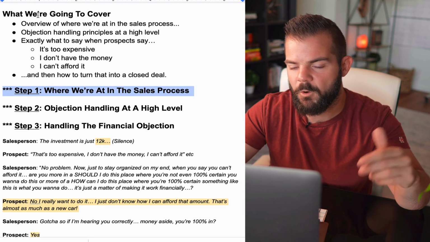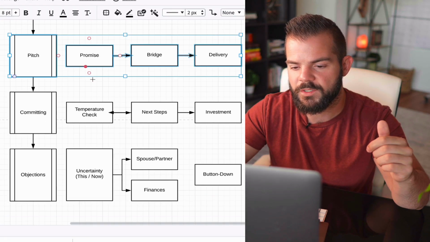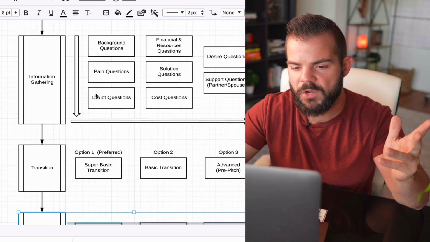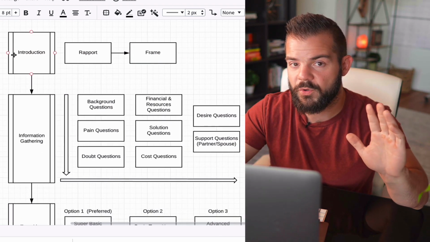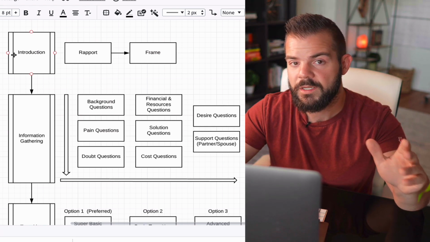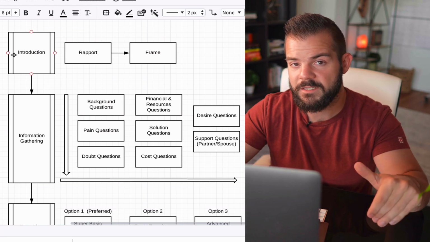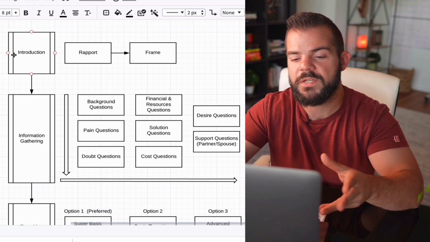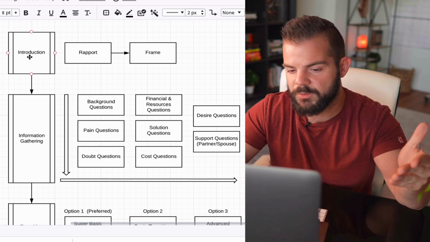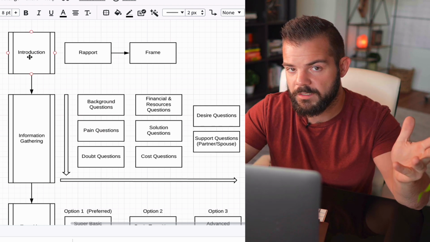Now, step one, let's go over where we're at in the sales process. I could talk for 30, 40 minutes on this, but we're just gonna go through this really quickly so you can see the different phases of the sales process and where what we're doing, which is objection handling, fits in. So in the sales process, there's a couple phases.